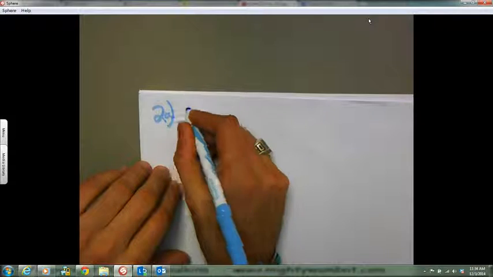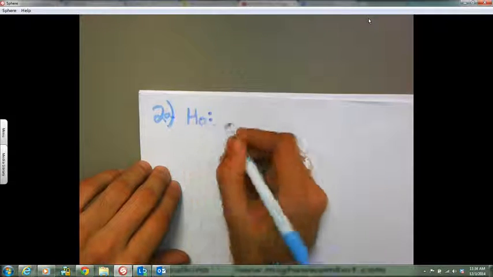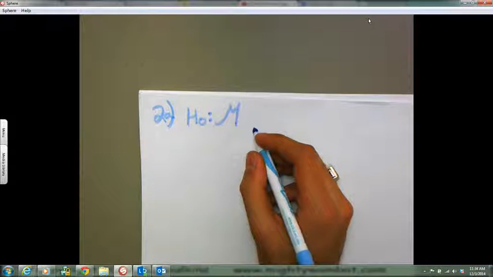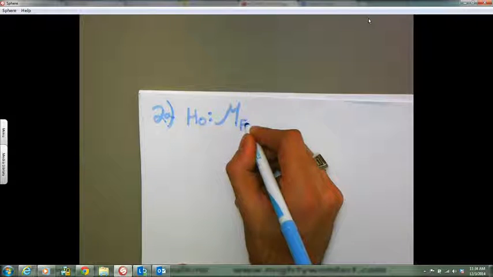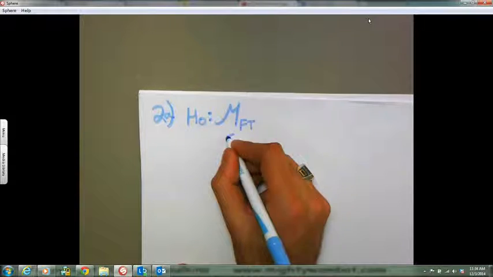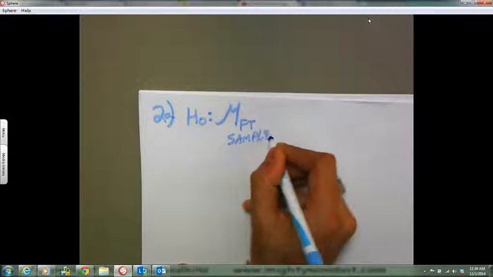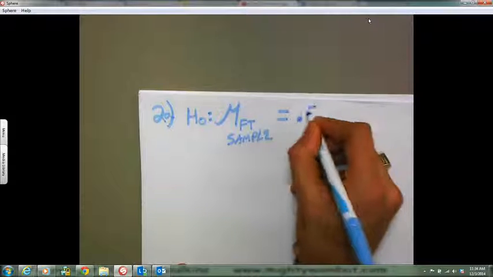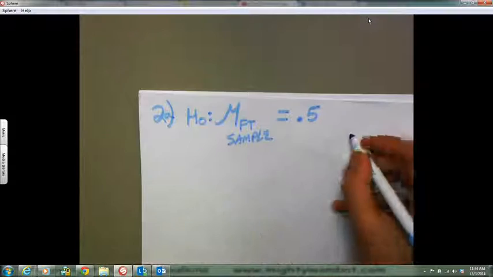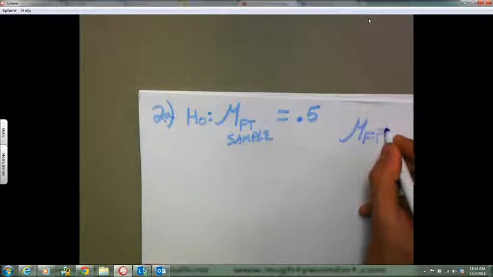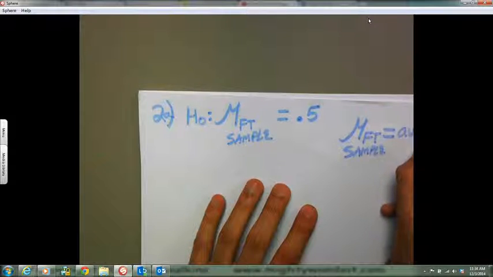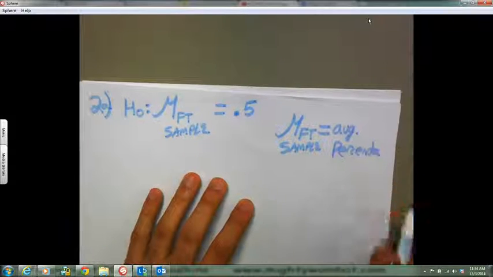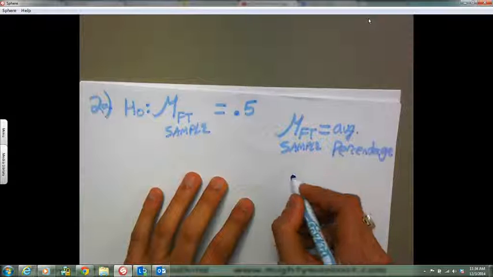So our null hypothesis is that mu of free throws from the sample is equal to 0.5, 50%, and mu free throw, we should define this, is the average percentage of makes.